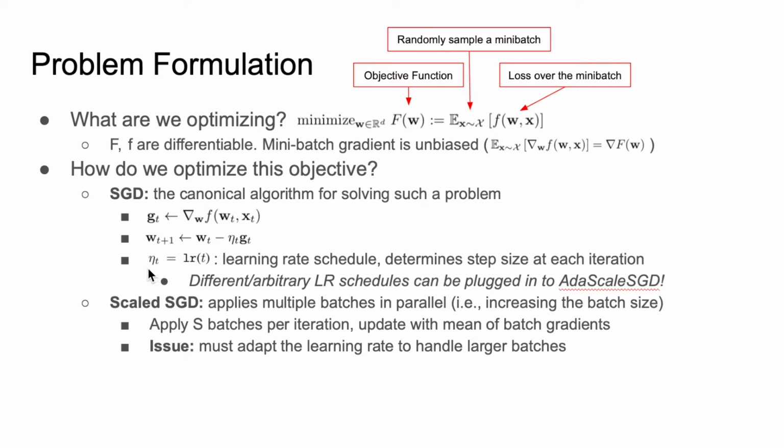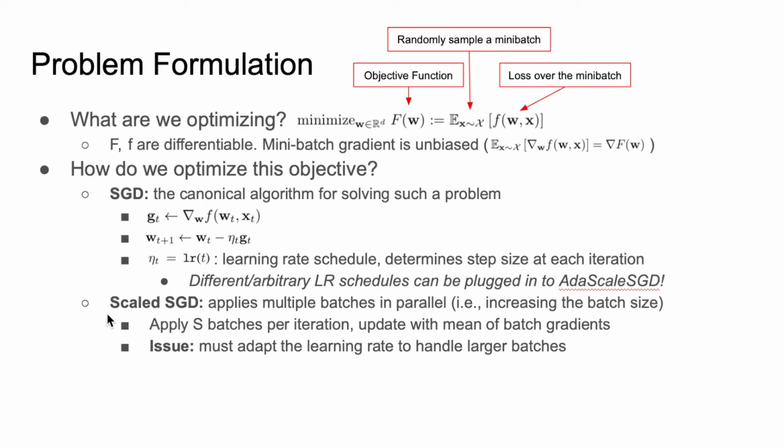And a point of notation, this is kind of how they denote this learning rate schedule within the AdaScaleSGD paper. Basically, we say that our learning rate at a single iteration is equal to this function LR of t, where you sample the learning rate at time step t. And you can use different or arbitrary learning rate schedules for AdaScaleSGD.